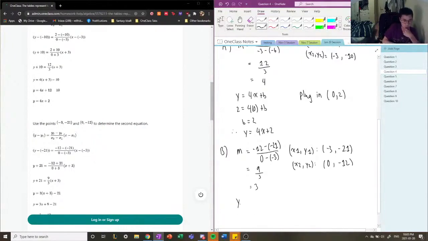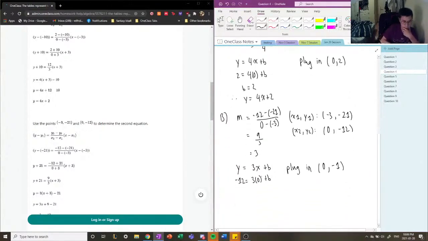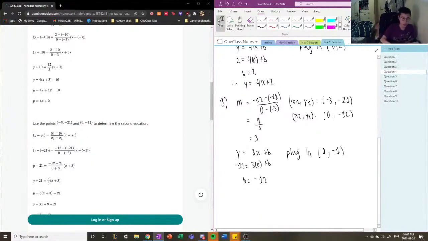We plug this into y equals 3x plus b, and we plug in 0 and -12. We get -12 equals 3 times 0 plus b, so b equals -12. Now we have found our two lines. Therefore, y is equal to 3x minus 12.